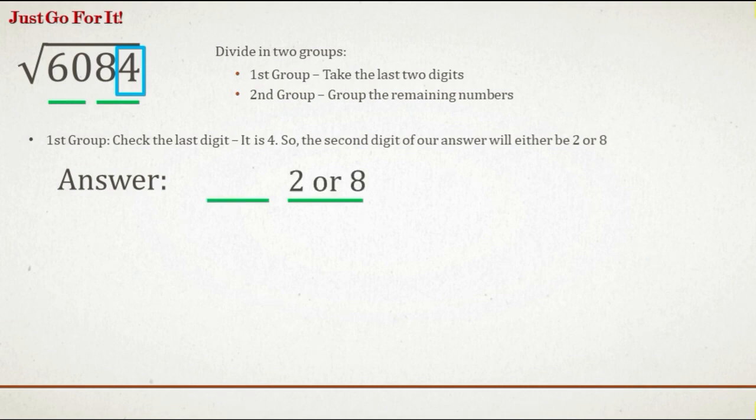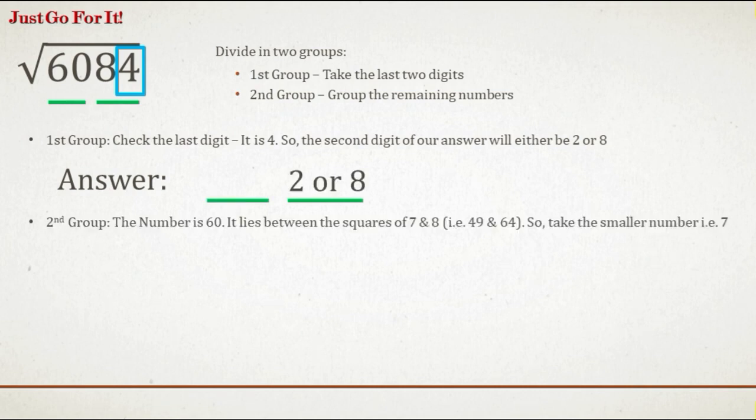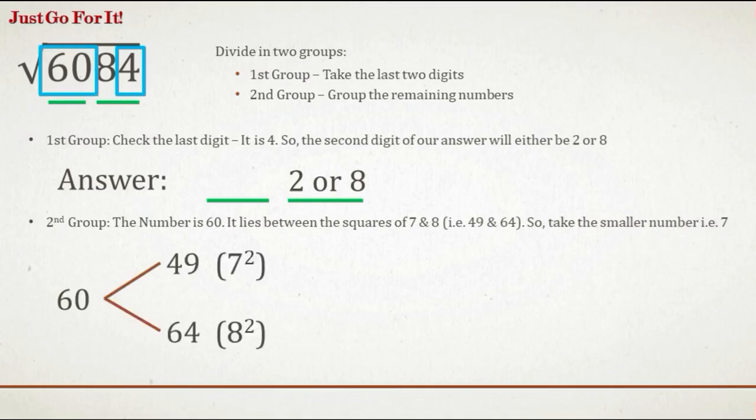Because the square of 2 and 8 always ends in 4. Now for the second group, the number is 60. And 60 lies between the squares of 7 and 8, that is between the numbers 49 and 64. Right? So our answer will be the smaller number, which is 7.